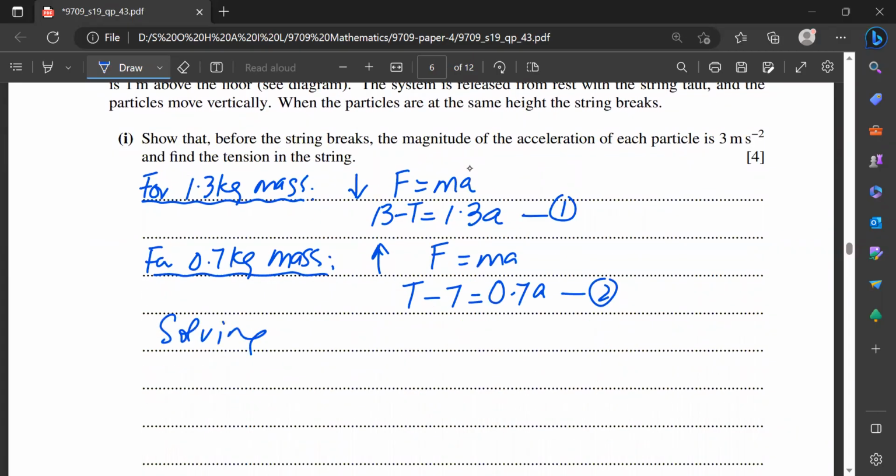Solving these two equations, 1 and 2, for A. From 2, T equals 0.7 A plus 7.